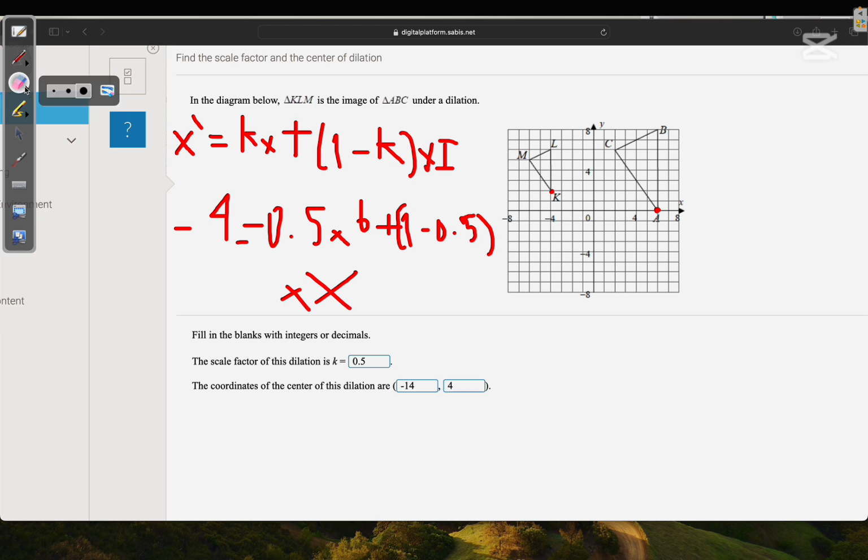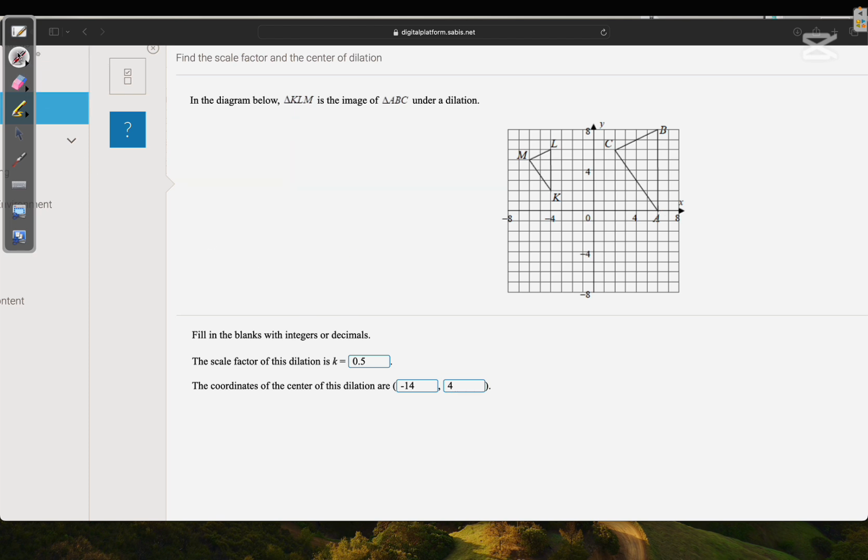And now we need to find y. So y prime is equal to ky plus 1 minus k and then yi.